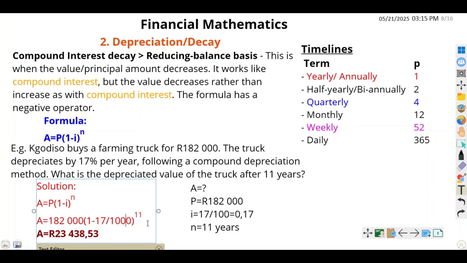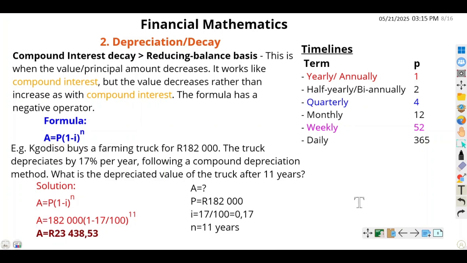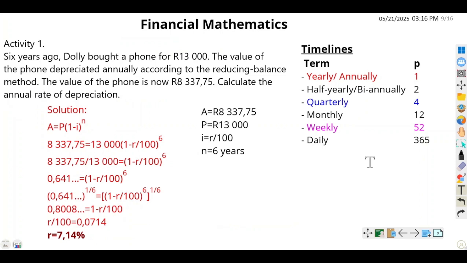So that is how you go about depreciation or decay. You need to be able to understand what the question expects from you. Let me quickly dissect this again. You buy a farming truck at a current value of 182,000 rands.